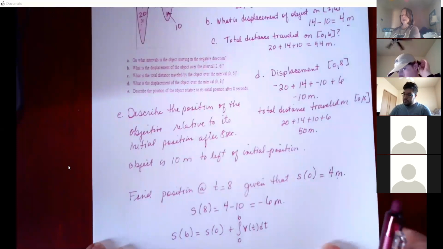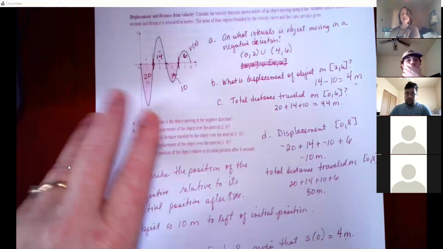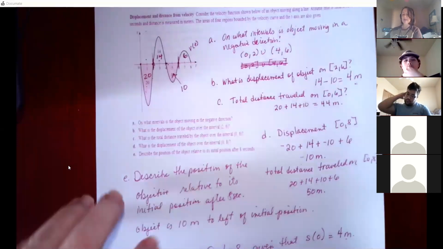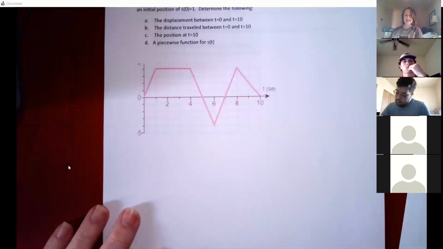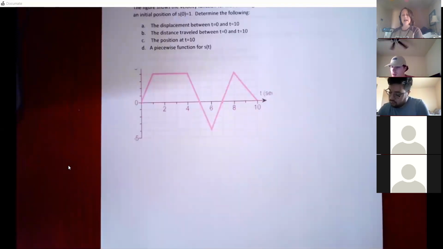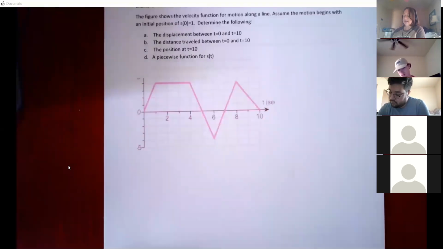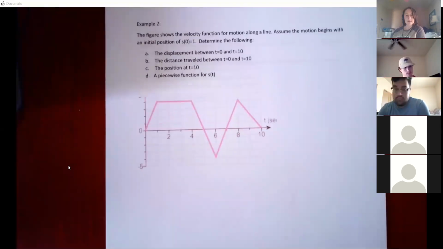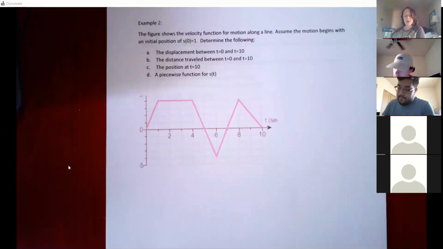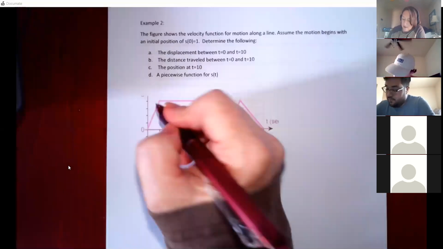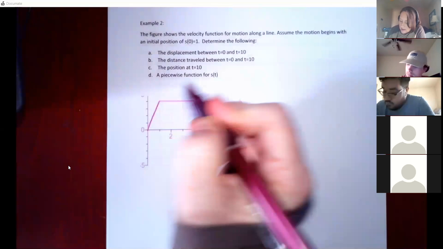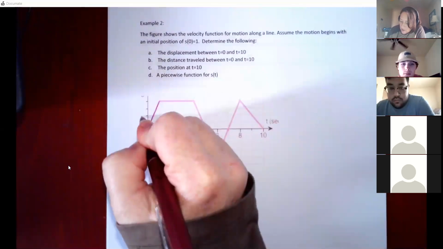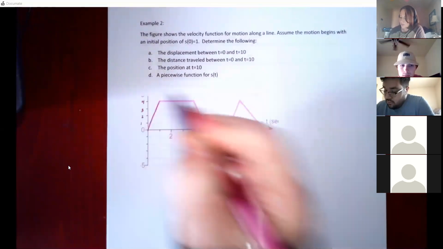So this one, they were kind of nice to us and actually gave us the values of the areas. Sometimes they're not quite as kind, and we have to do that ourselves. Okay. So this is a second example from the same section. I'm going to give you just a minute to write down a copy of this graph if you want it. This is going to be 1, 2, 3, 4.